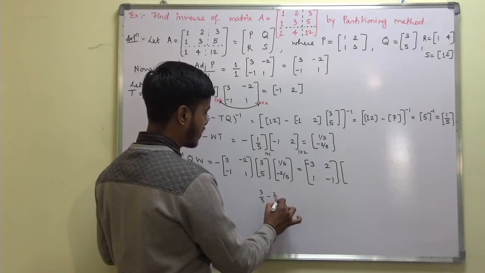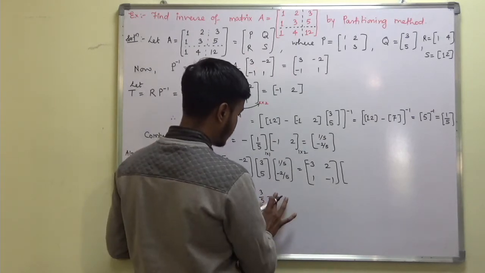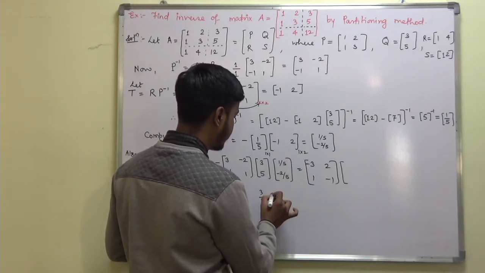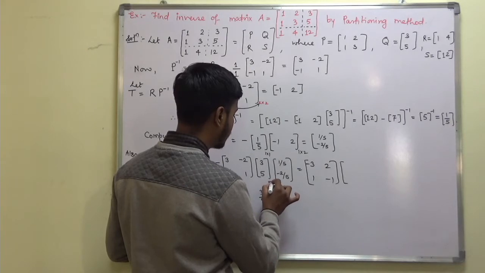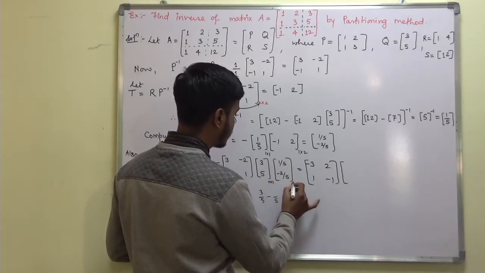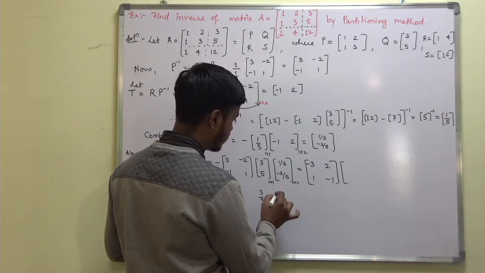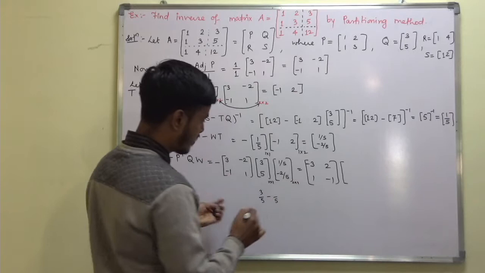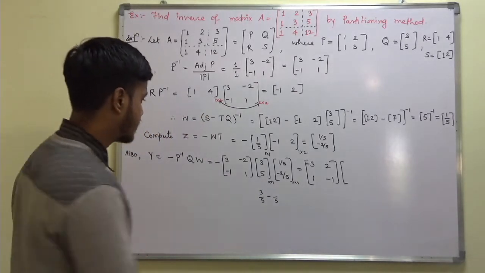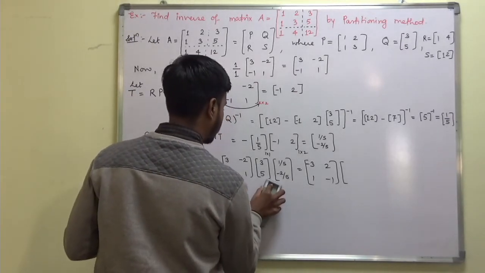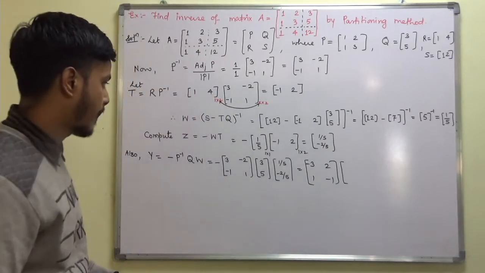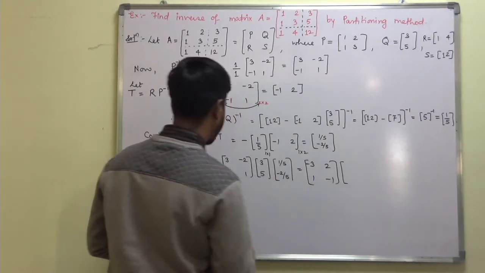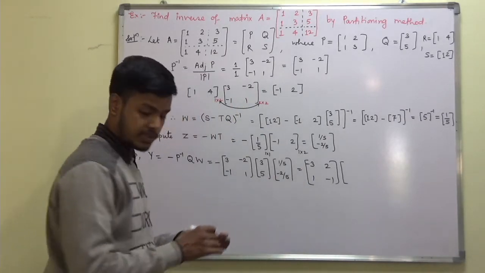First row, first column, 3 by 5. This order is 2 by 1, its order is also 2 by 1. Matrix multiplication is not possible. Just a minute. This is 2 by 1, this is also 2 by 1. Okay, so let me multiply these two first.